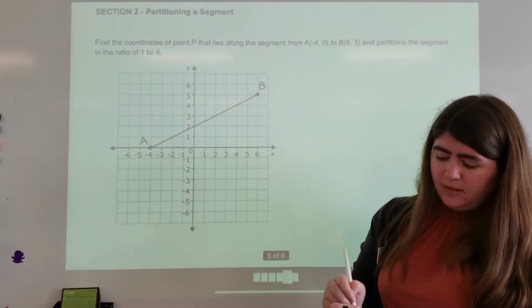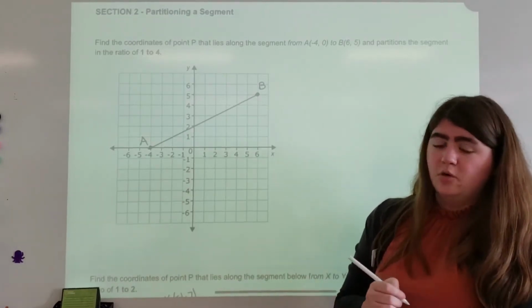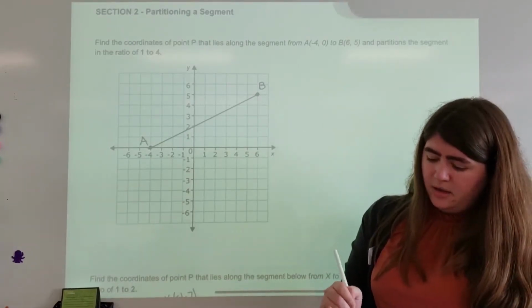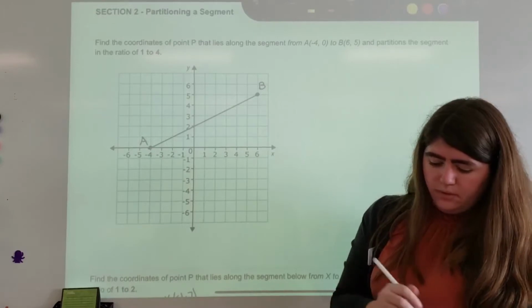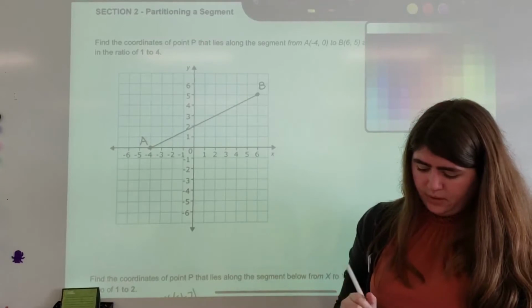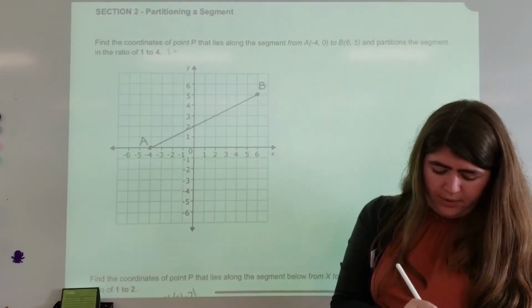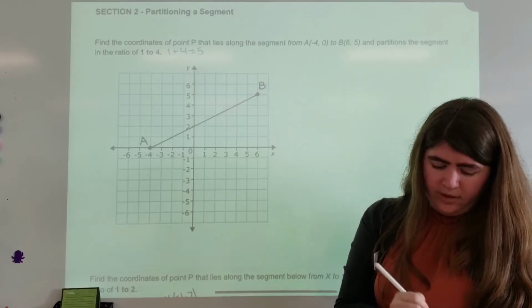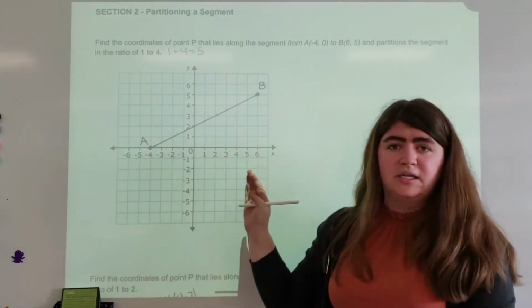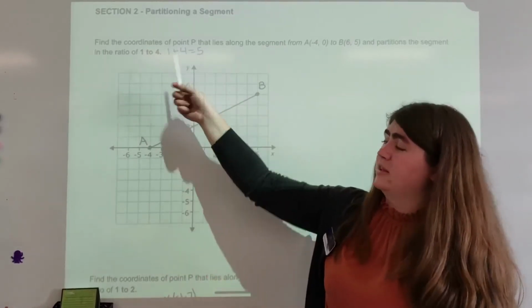So anytime it tells you that you have this ratio from 1 to 4, the first thing you want to do is add the ratio pieces together. I'm going to change to basic color here, so I have 1 plus 4 is equal to 5. So that means that we're really dividing into 5 sections, and then once we have our sections, we'll be able to go ahead and find that ratio.